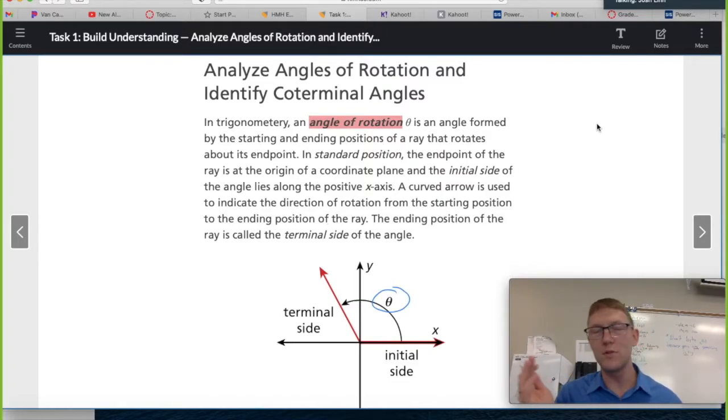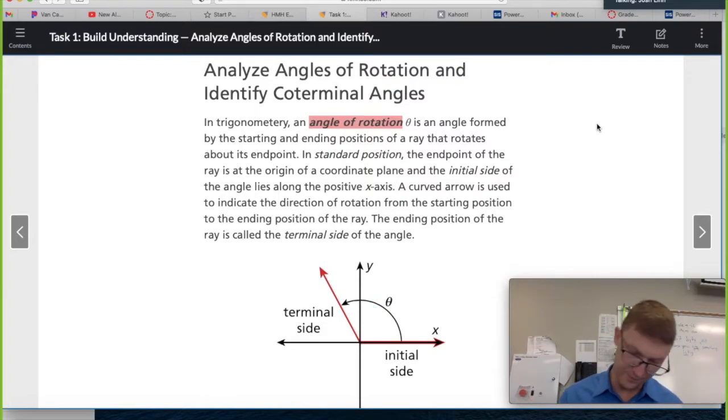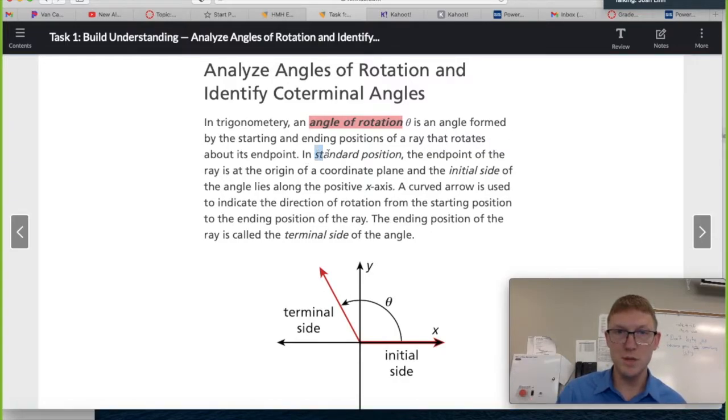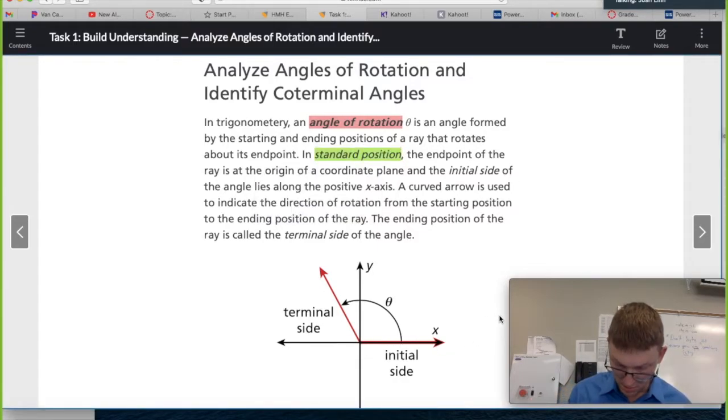You can, of course, use anything you want, but good scientific or mathematical nomenclature is we use theta. If you're going to draw it, just something like that for angles. When we're talking about the unit circle and angles, we always assume that they start in standard position, and that is referring to this part right here.